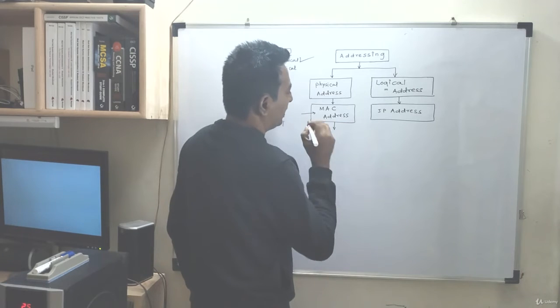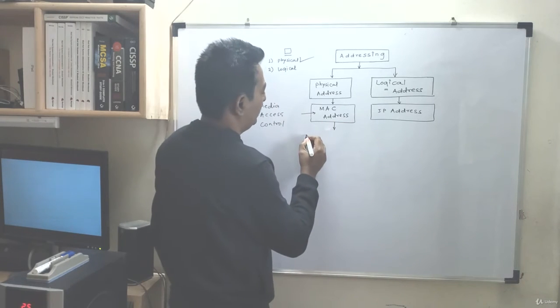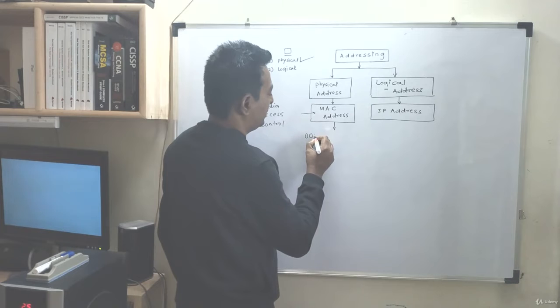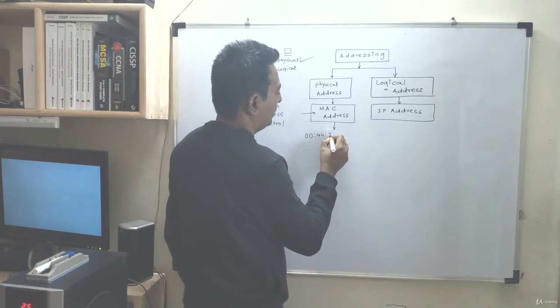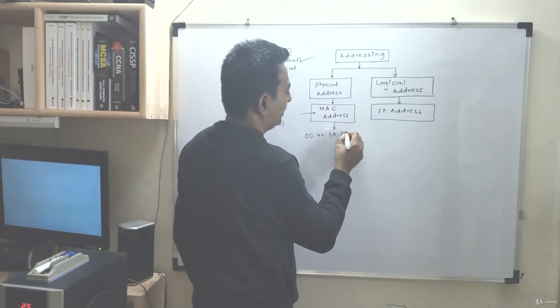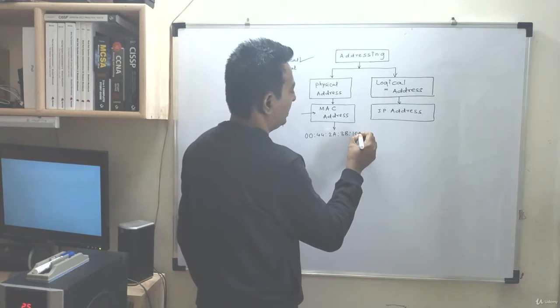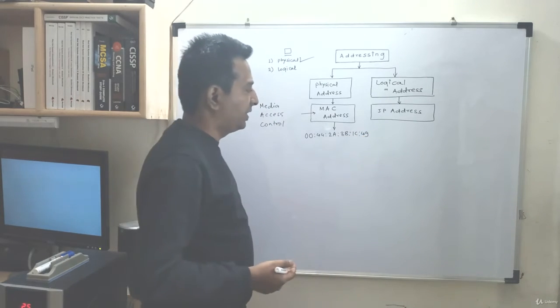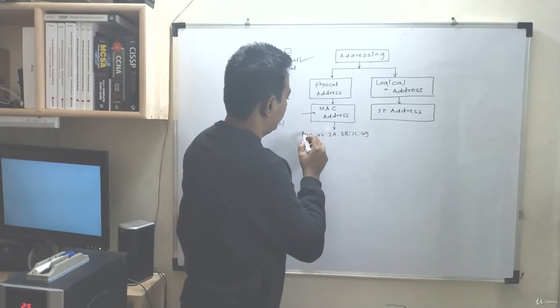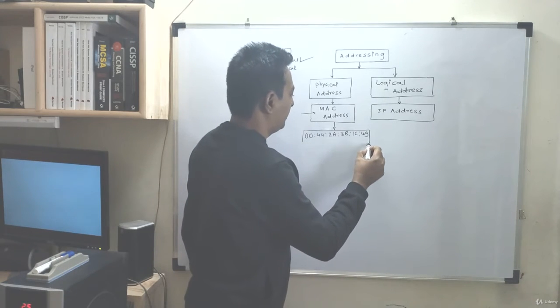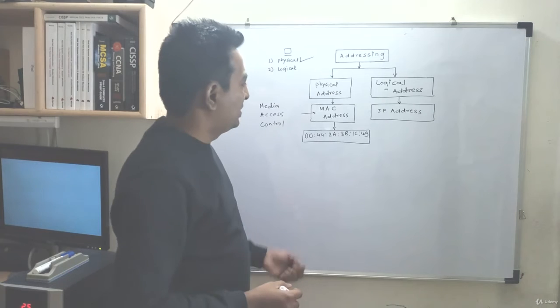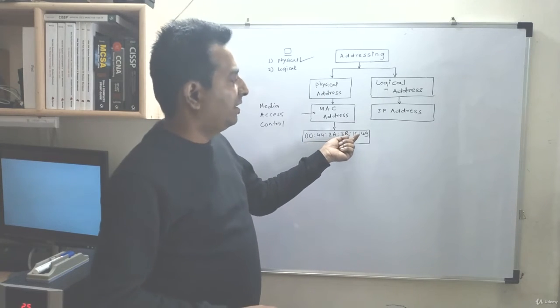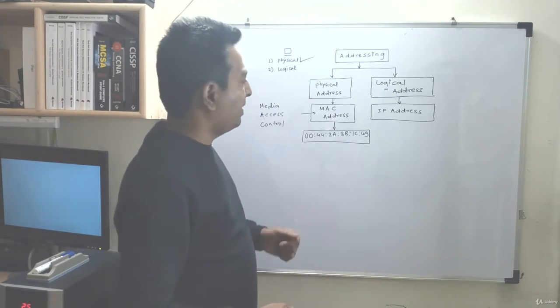Now consider a MAC address. It looks something like this: 00:44:2A:3B:1C:49. Consider this an example of a MAC address. It's a 6-field address.